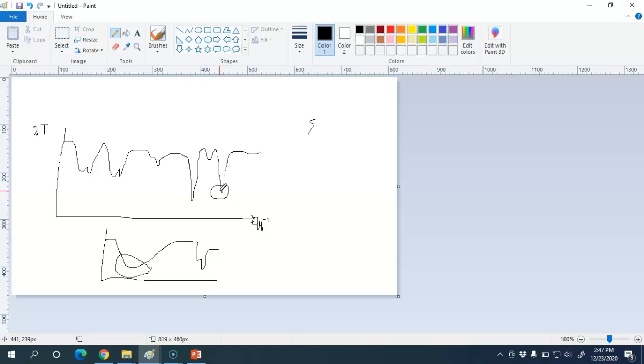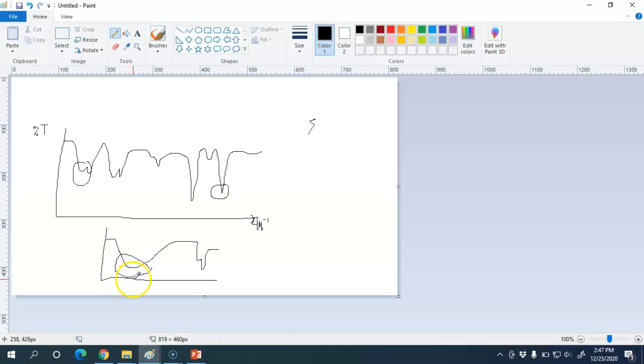For the weak peak here, and this one is sharp, this one is broad. Broad, strong. This one is also called strong. It is narrow and strong. This one is broad and strong, very strong. If we compare this graph with this region, we can make a comparison.